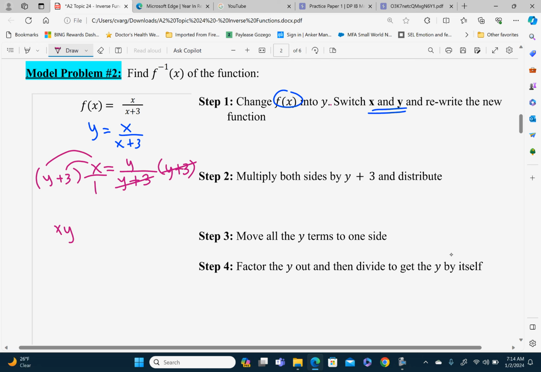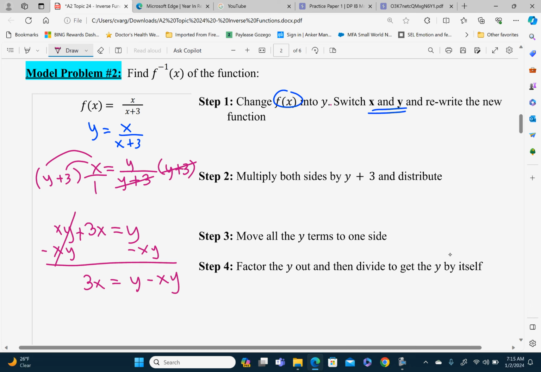X times y is xy plus 3 times x is 3x is equal to, all right, y is by itself on the right hand side. And what we have to do is we have to move all the y's over to one side. So let's do minus xy minus xy. That allows us to cancel this out. So we have 3x is equal to y minus xy.